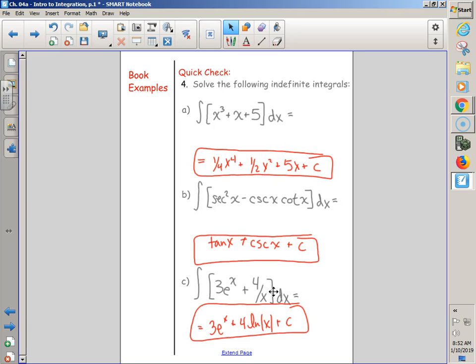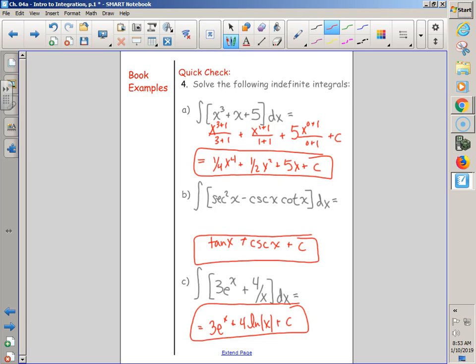Derivative of 3e to the x. Derivative of 4 ln, 4 over x. The in-between parts would have been x to the 3 plus 1 over 3 plus 1. X to the 1. And you could even do 5 x to the 0 plus 1 over 0 plus 1. There are some in-between steps, but not a lot.